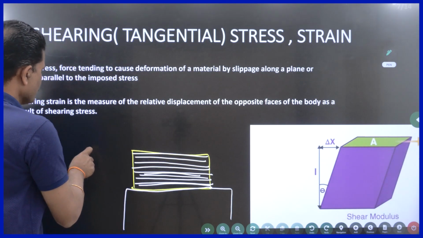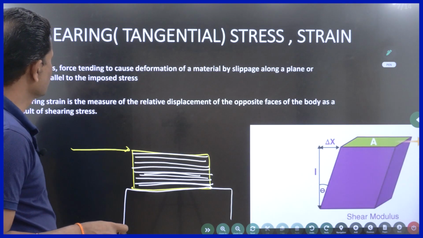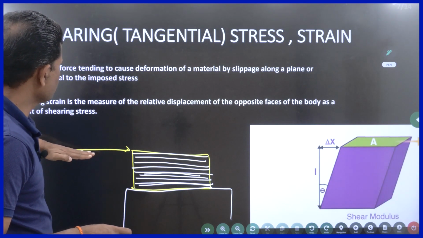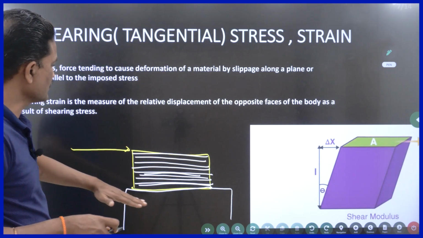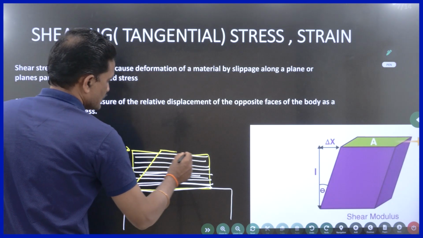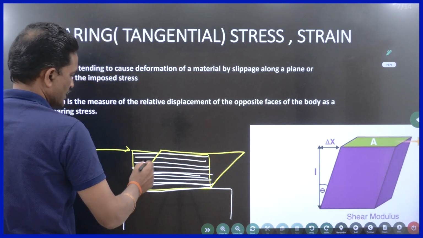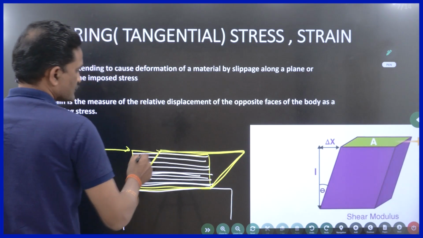Now I am applying a force in this way on the upper surface. So I am trying to push the upper cover of this dictionary. So what happens? The size, the shape of the dictionary will become like this.